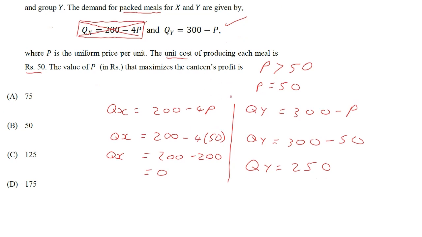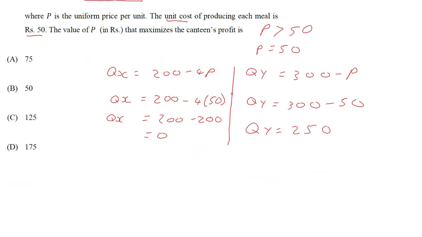So for that, we need to keep in mind a couple of things. The formula for profit, which we know, is total revenue minus total cost. And total revenue is equal to price into quantity.